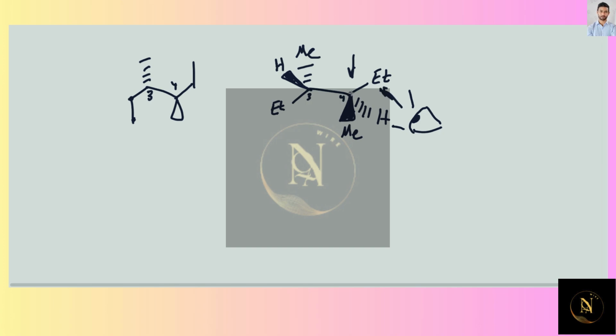This would be at the center. Ethyl would be coming up and somewhat towards me. Methyl would be going down and to the left, and a hydrogen would be going down and to the right. So I'm going to start from there. Straight up is an ethyl, down and to the left is my methyl, and down and to the right is my hydrogen.